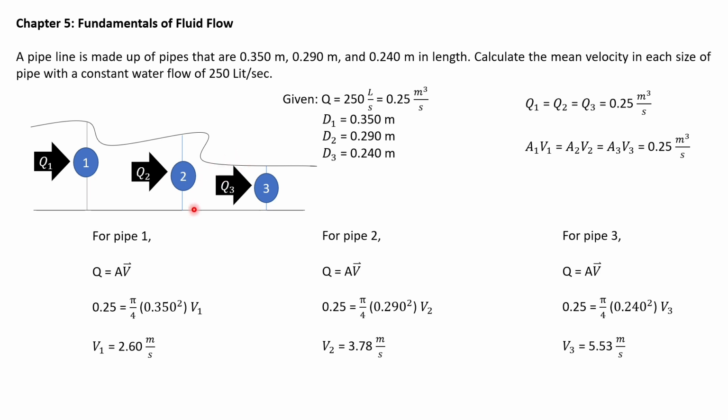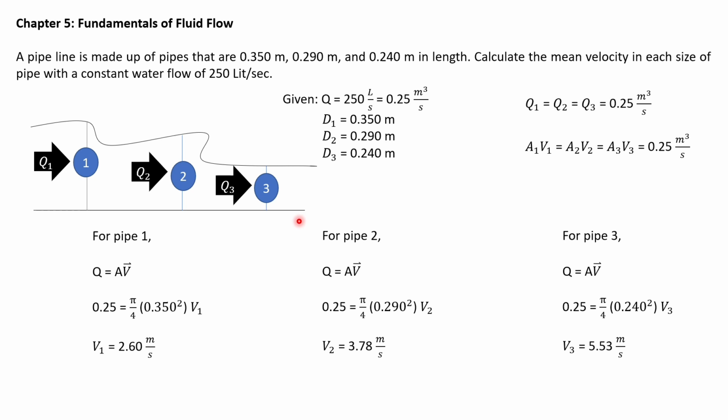Until our section 3, it has a smaller diameter, so the open space became smaller also. But the flow of the water is uniform all throughout the section at 250 liters per second. So it means that we will have a difference in terms of velocity.